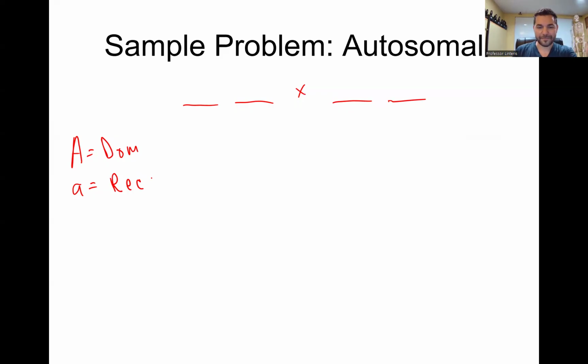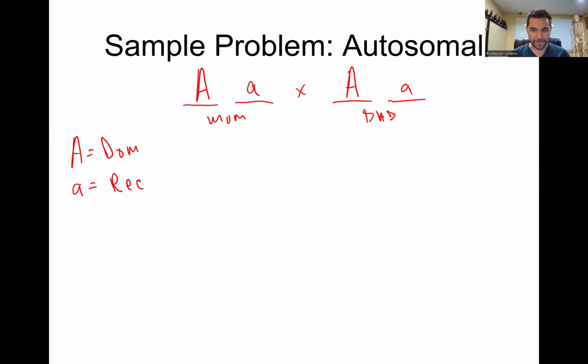Maybe the mother got a dominant allele from her mother, which means we will express the protein, and a recessive allele, recessive are always lowercase, from her father. And maybe the dad got a dominant allele from his mother and a recessive allele from his father. It doesn't matter. We'll always tell you what they are.